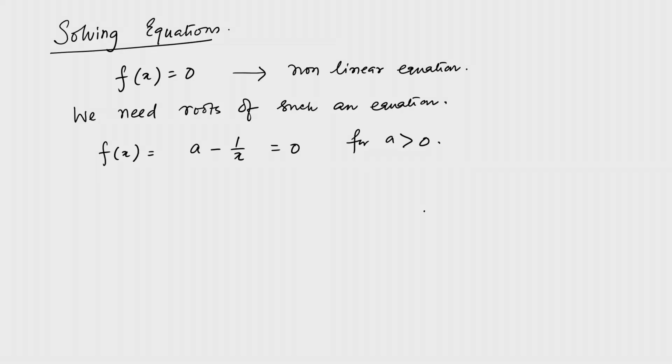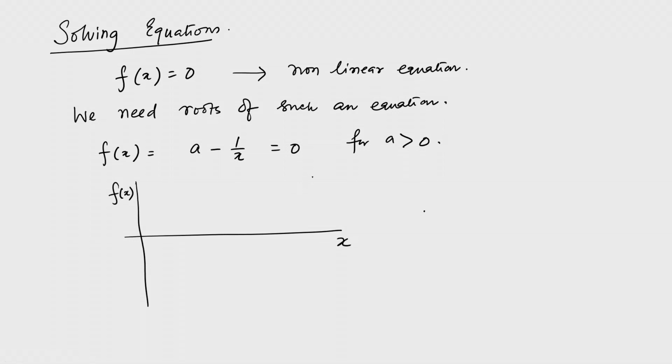So, of course, if I plot this, this is f of x as a function of x, and it looks like this, and it has a crossing at 1 over a.